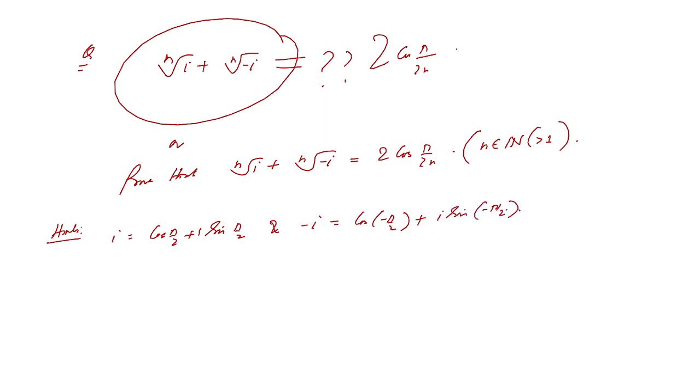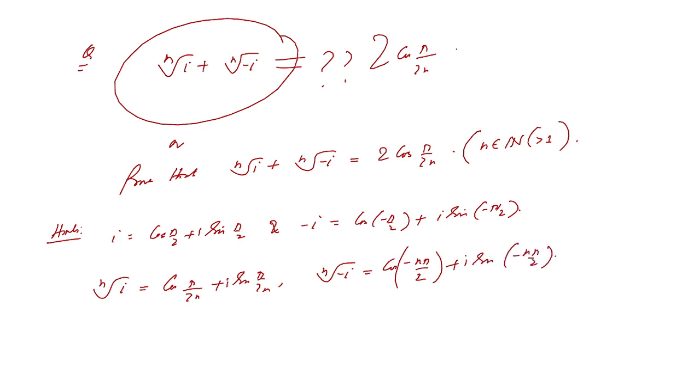In that way you can express it. So the nth root of i, applying de Moivre's theorem, is cos pi by 2n plus i sine pi by 2n, and the nth root of minus i will be cos of minus pi by 2n plus i sine of minus pi by 2n.